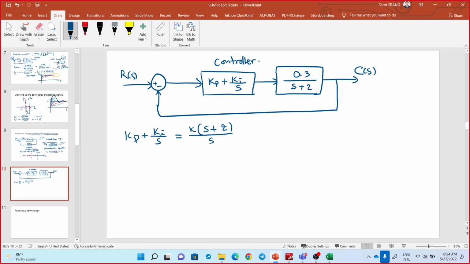I think I can play around with this term. So I can have Kp plus Ki over s equal to K(s plus z) over s. If I have Kp as a factor, then I have Kp times (s plus Ki over Kp) all over s.